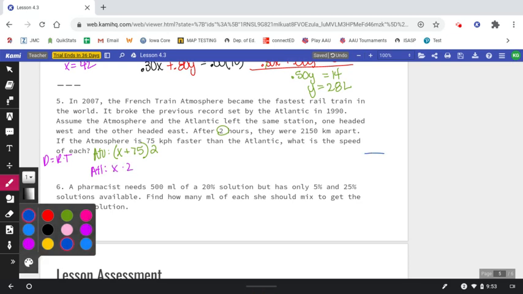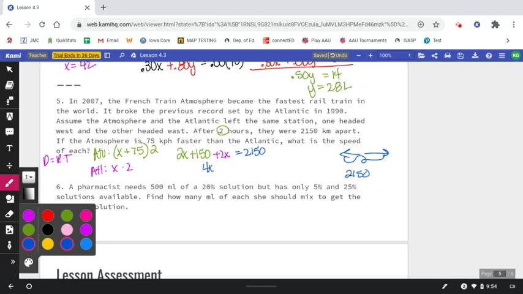Now, since one's traveling this way and the other's traveling this way, and I know that their total is 2150, I'm going to add 2x plus 150, which is the distributive of the Atmosphere, plus 2x, which is the Atlantic, to total equal 2150.